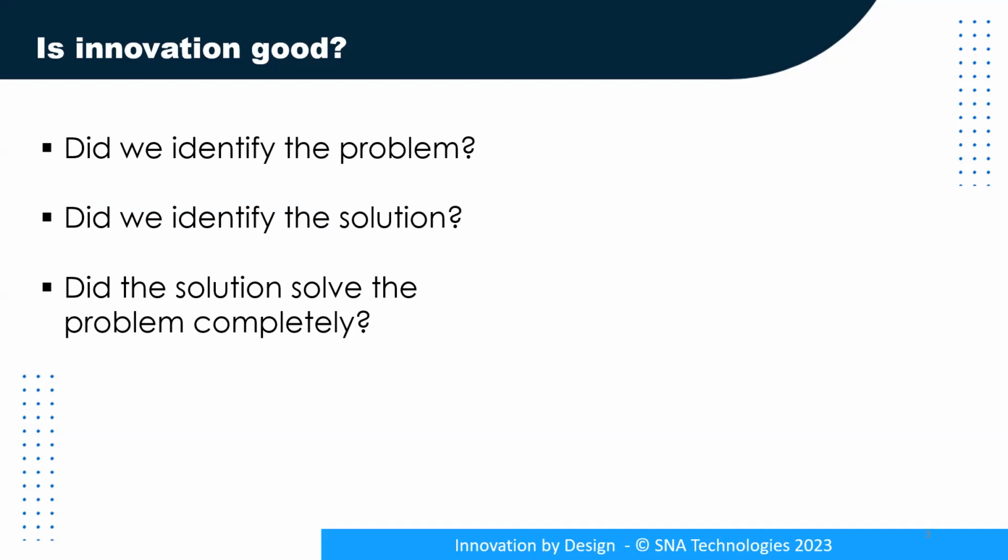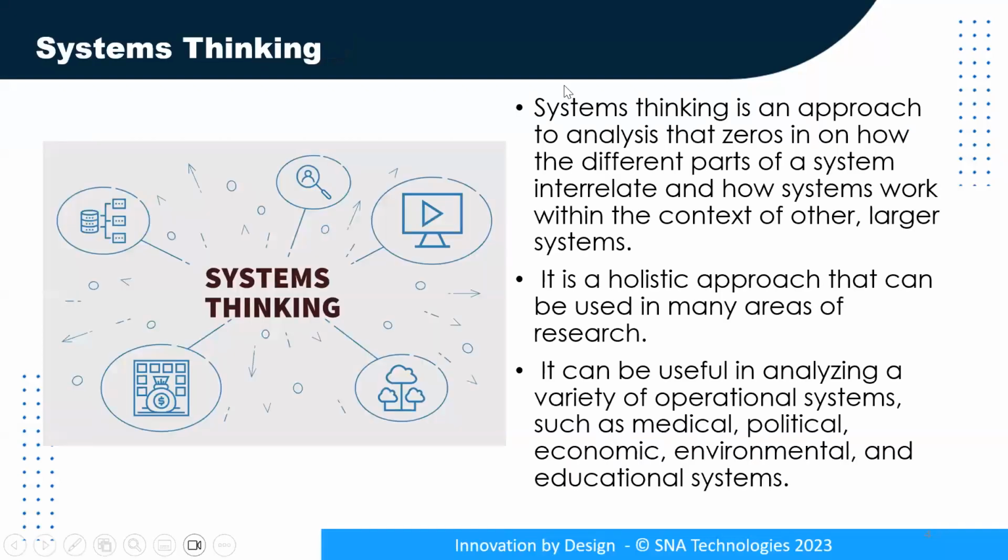But did that solution solve the problem completely? Probably not. So when you're coming up with some innovation, we need to have systems thinking. What is systems thinking? You need to look at the problem in a holistic manner, from all aspects, and then try to solve it, rather than giving point-based solutions. Right now, the whole world is innovation-crazy, and everyone wants to come up with innovations.